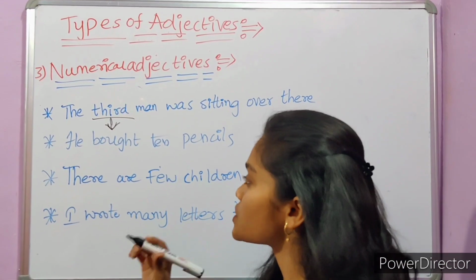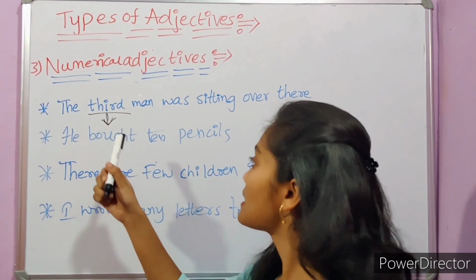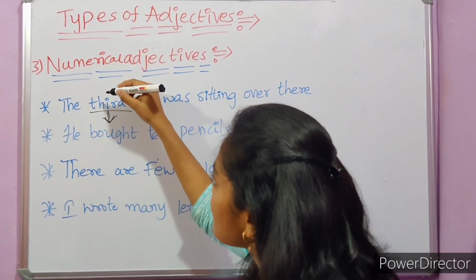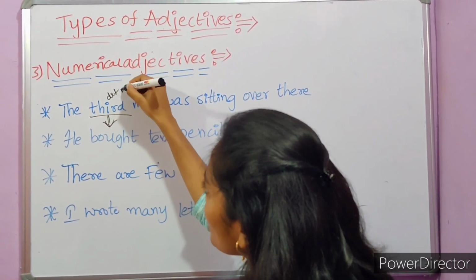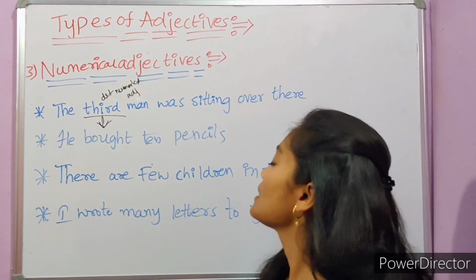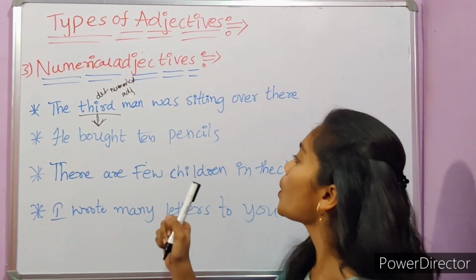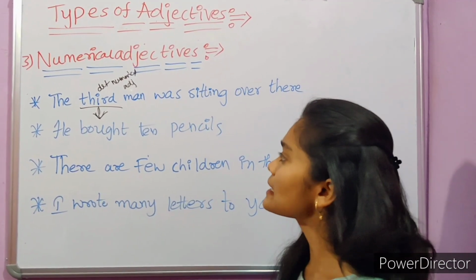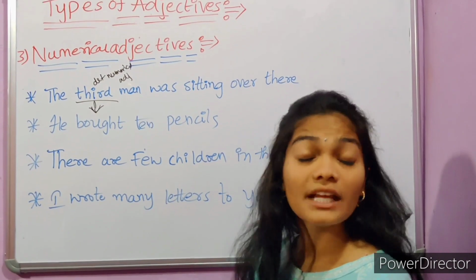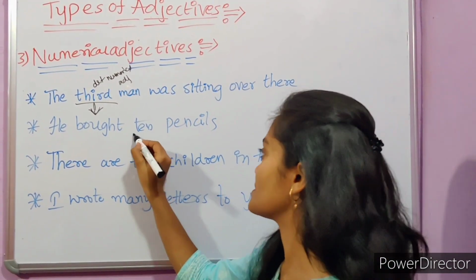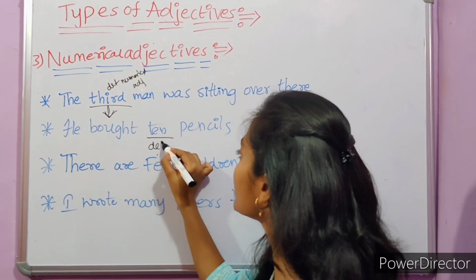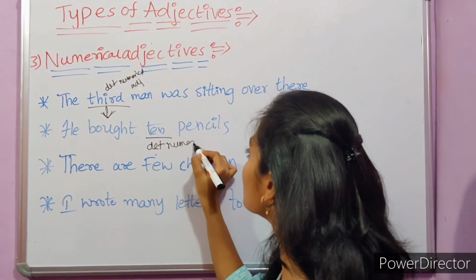As it specifies the order and the ordinal number is used in this sentence, it is a definite numerical adjective. In the second sentence, he bought 10 pencils. How many pencils did he buy? 10 pencils. Here it tells the exact number, so it is a definite numerical adjective.